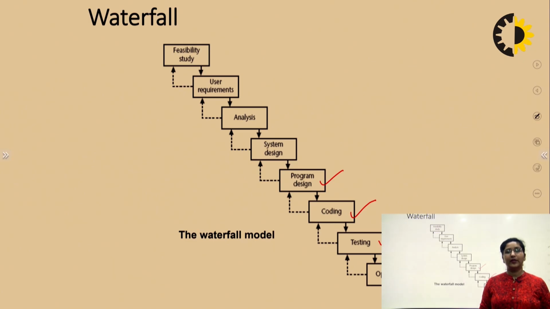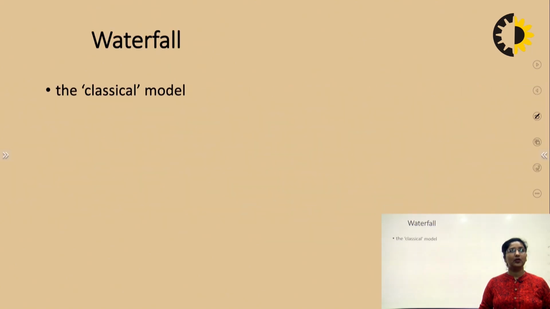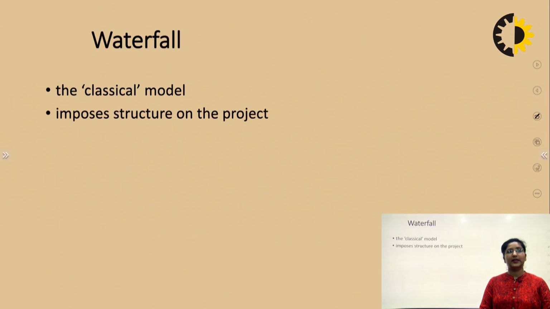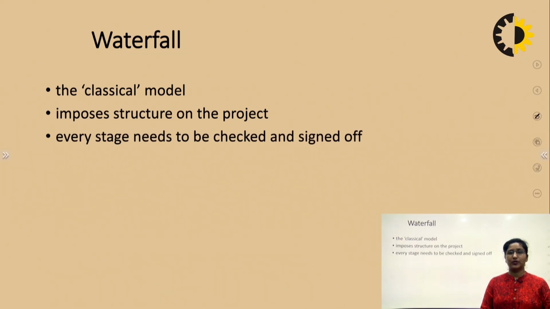So if we are implementing the waterfall model for any process, then what is required? The main thing required is that if we have completed any one step, then we must be very sure that we do not have to traverse back to the previous step. So for this, the waterfall model is required and it can be implemented as well. Now, the waterfall model is the classical model and it imposes structure on the project.